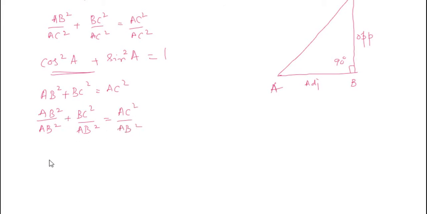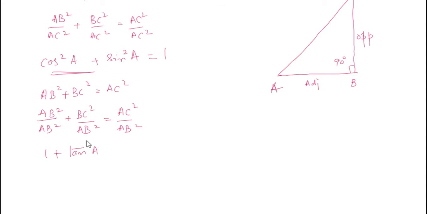Now AB square divided by AB square is equal to 1. Now BC square divided by AB square, that is BC by AB whole square. Now BC by AB, opposite side by adjacent side, this is nothing but tan of angle A.